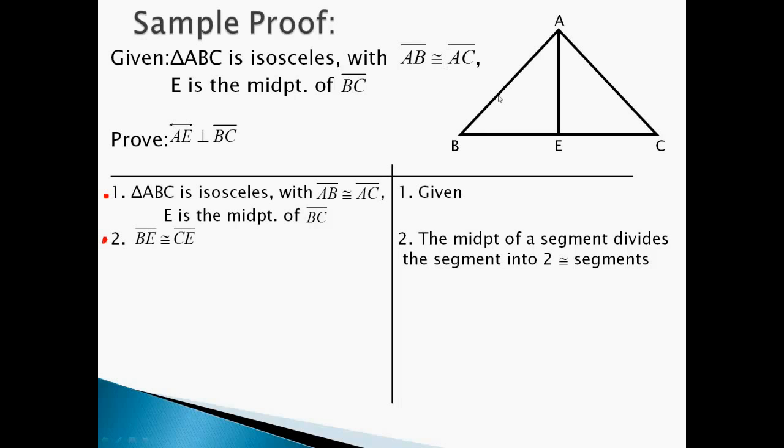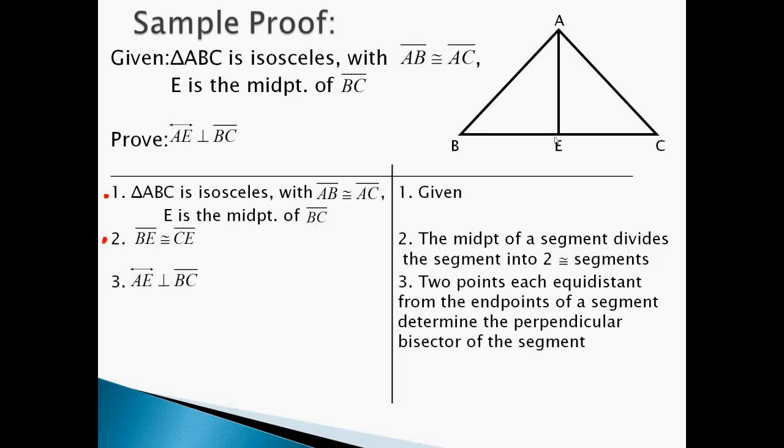So we have 2 points that are equidistant from the same A and the same E. So we can say that, oh look, line AE is perpendicular to segment BC because 2 points each equidistant from the endpoints of a segment determine the perpendicular bisector of the segment.